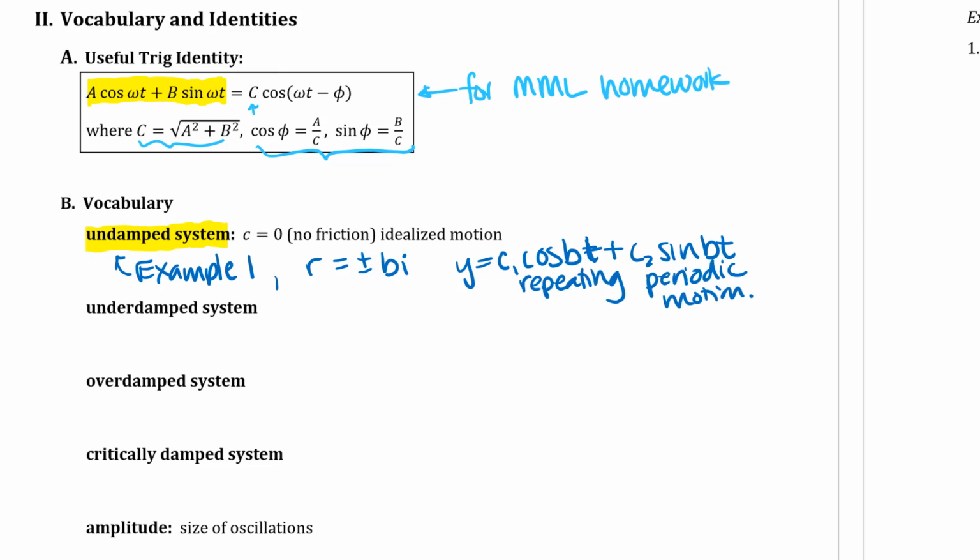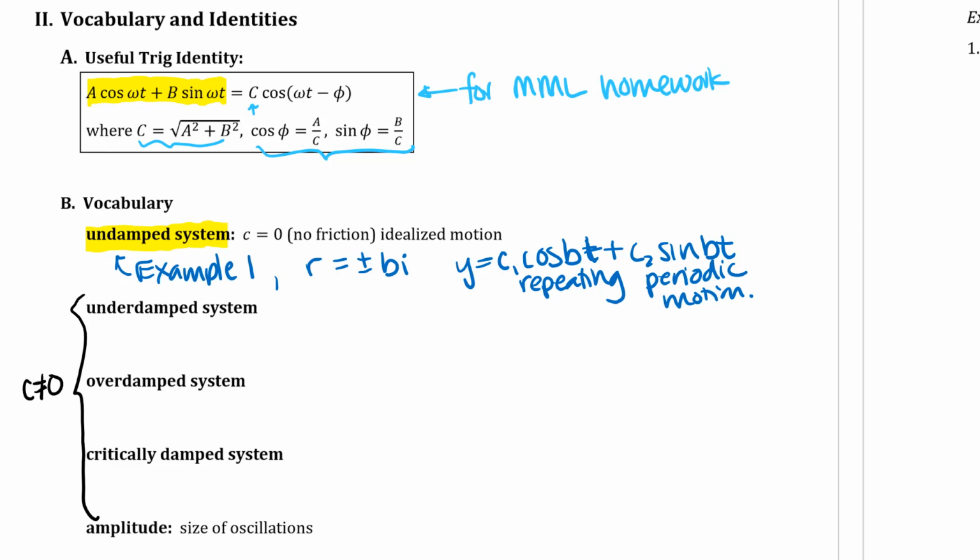Okay, so the next couple of examples after that actually do have some damping in them. And if you do have damping, then you have one of these next three vocabulary things. These all occur when C is not 0, so there is some kind of damping there. But basically you've either got a little bit of damping, a little bit of friction, a lot of friction, or this amount that's exactly right and in the middle.